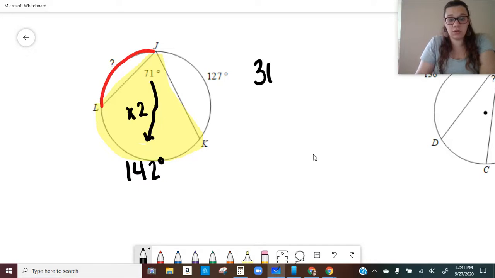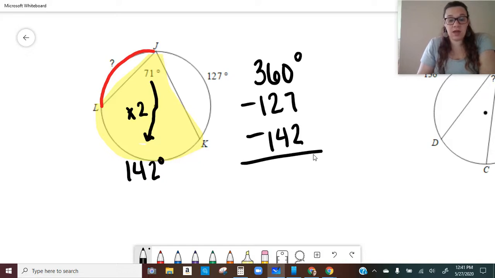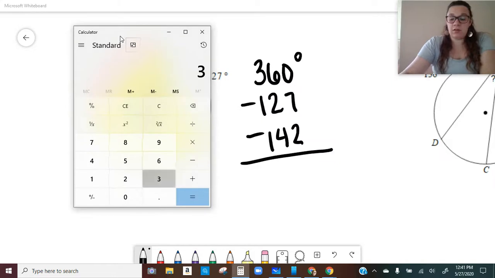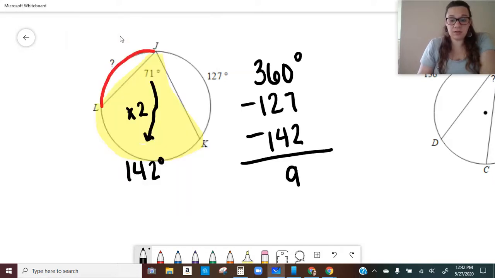So the whole circle around is 360. I already used 127. I already used 142. I am left with 360 minus 127 minus 142, which is 91 degrees for the measure of arc LJ.